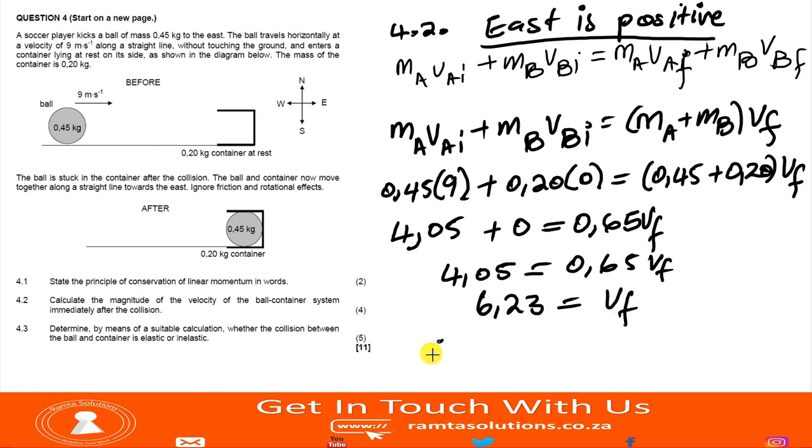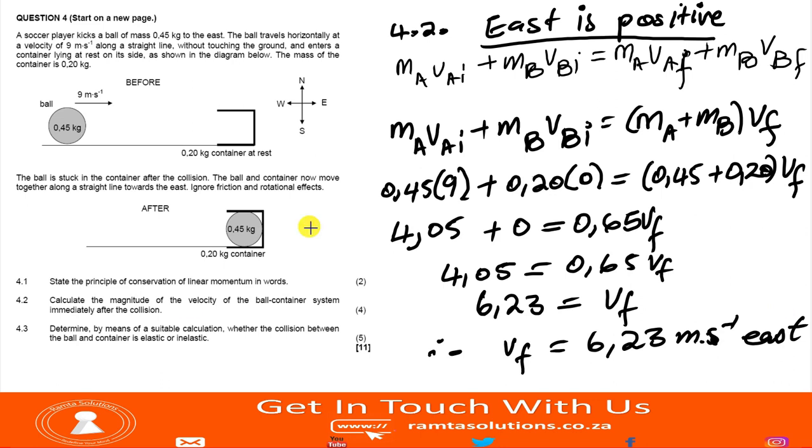Therefore, our velocity is 6.23 meters per second. As you can see, it's a positive velocity, so it's in the east direction. They moved east at 6.23 meters per second.